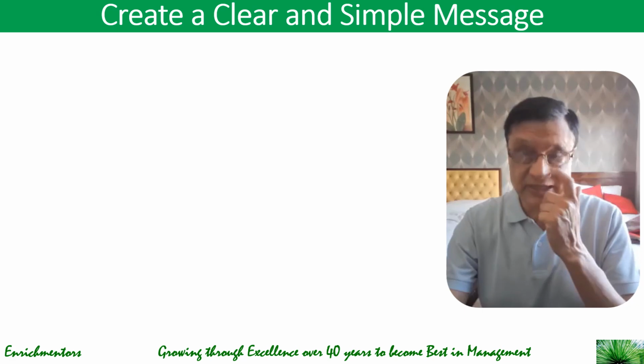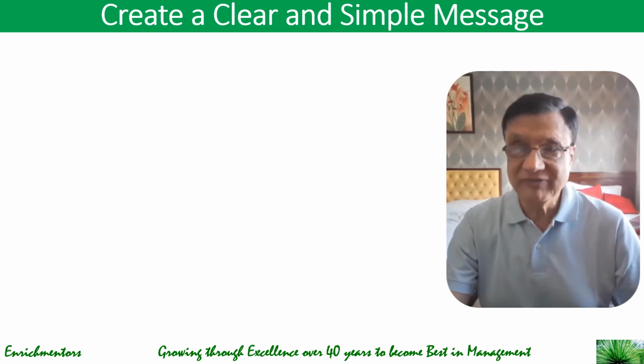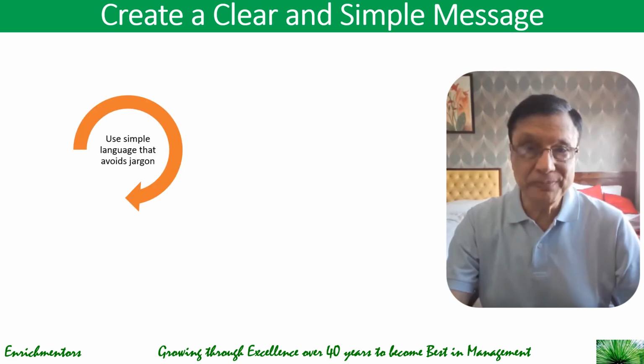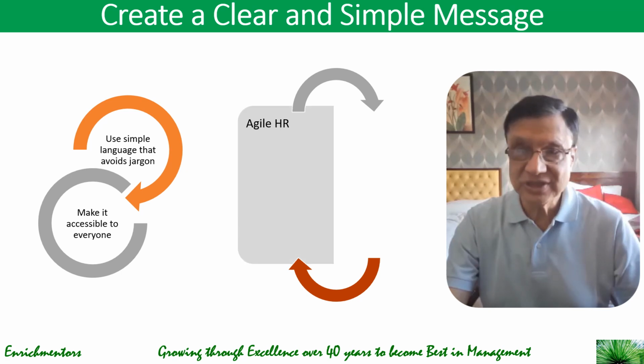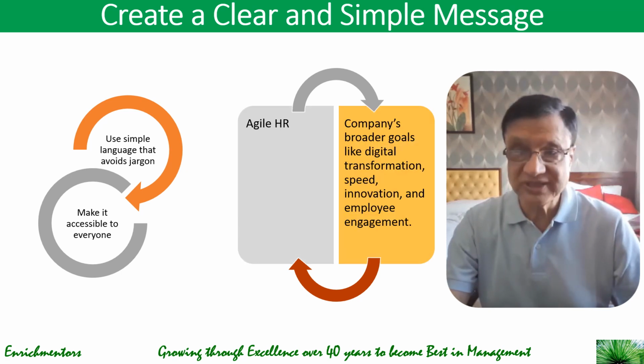First, you need to create a clear and simple message. Develop a straightforward explanation of what Agile HR is and why the organization is adopting it. Use simple language that avoids jargon, making it accessible to everyone, and focus on the why behind the change: how Agile HR aligns with the company's broader goals like digital transformation, speed, innovation, and employee engagement.